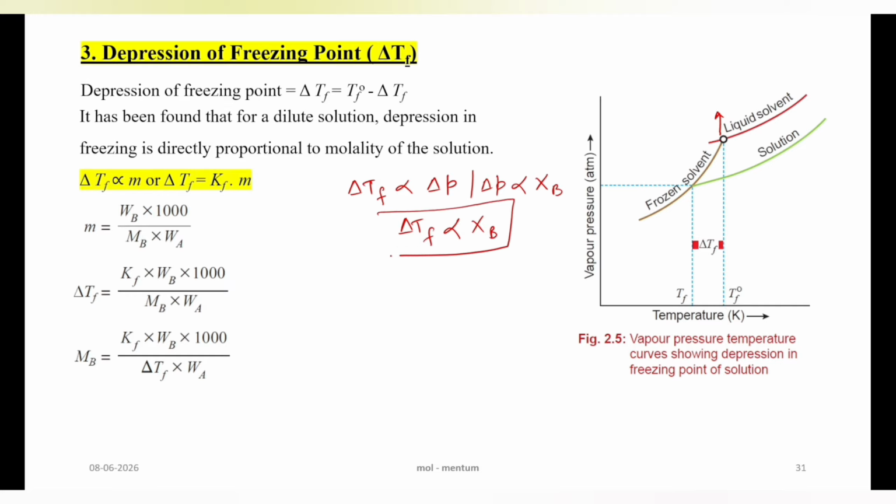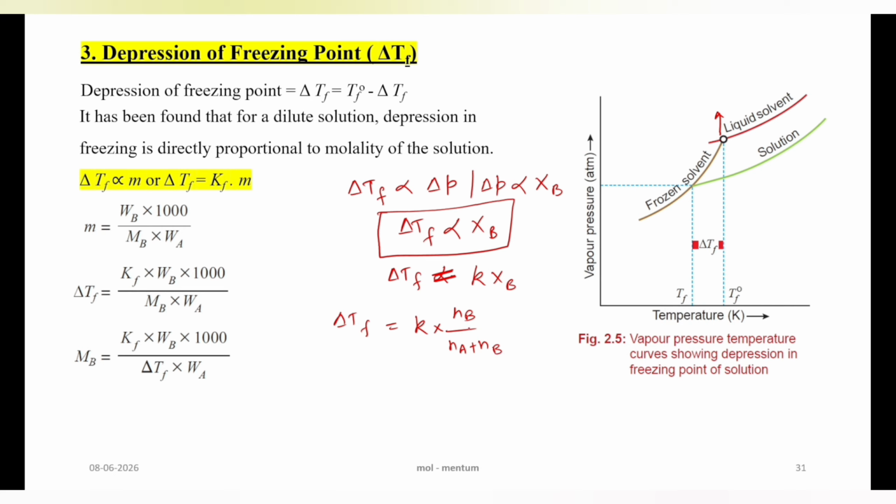Same process which we have done for the previous colligative property, elevation of boiling point. So delta TF is directly proportional to chi B. If I remove this sign, it becomes K into chi B. Now this chi B can be written as NB upon NA plus NB.